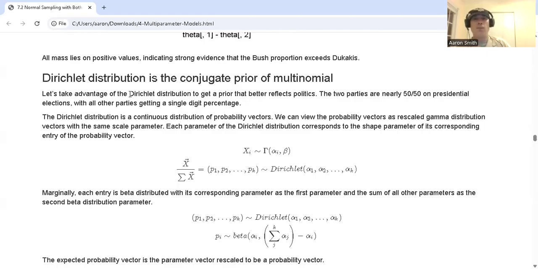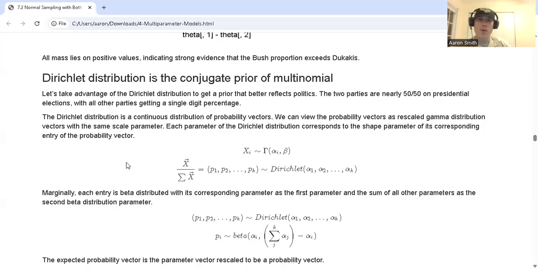And practically speaking, it's 50-50, but there are a few people who vote otherwise. So I want to have nearly 50-50 on Republican and Democrat. And then I want single digit percentage for all other candidates and the ones who are just going to go to the ballot box and not enter anything for president.